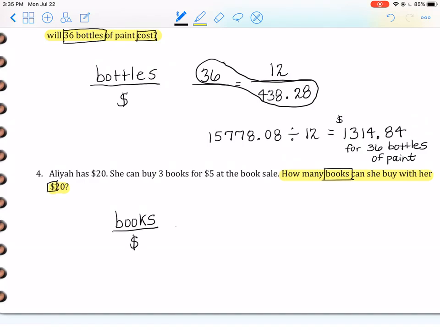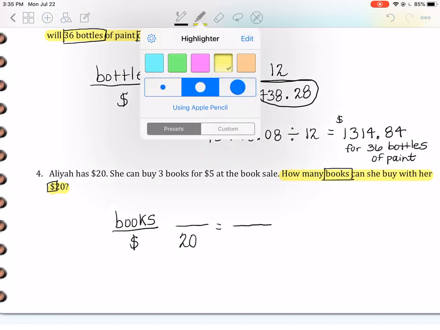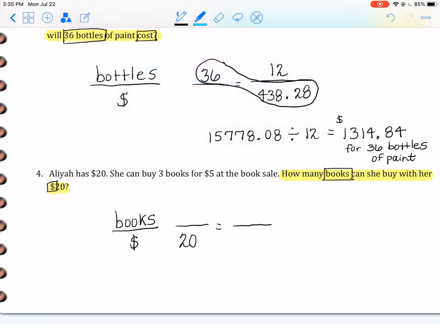And we know that she has $20. So let's go back and look for the given ratio. And right there it is. 3 books, $5.